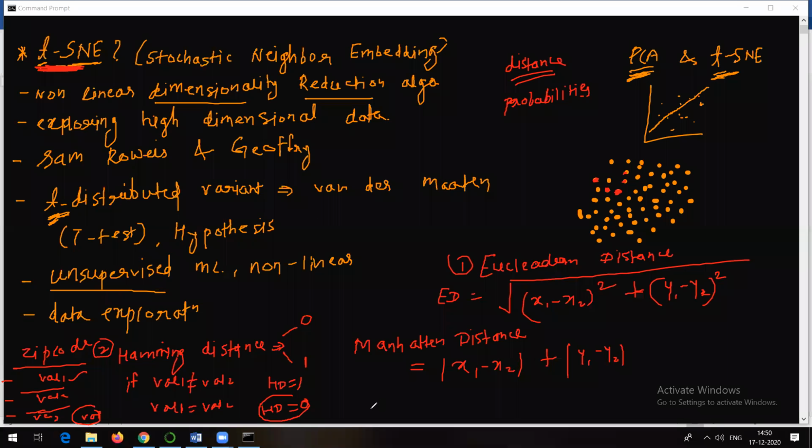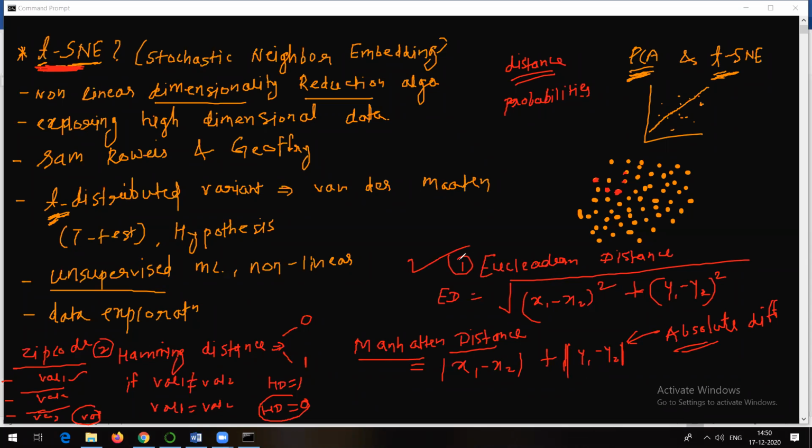So when do we use Manhattan distance? Actually, it is used for data of a very big size. And what is this magnitude? It is actually the absolute difference. That means it will be positive, right? That's why I used this magnitude sign.